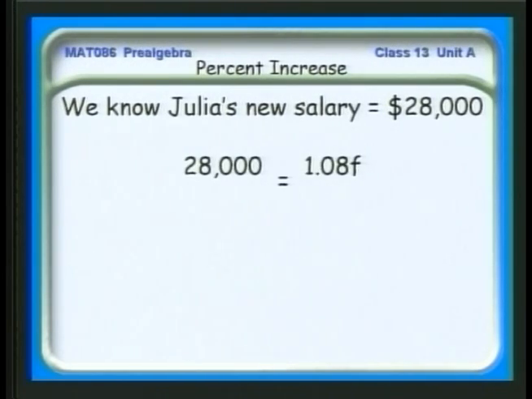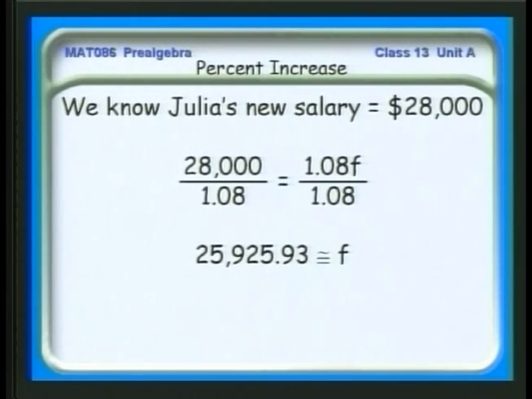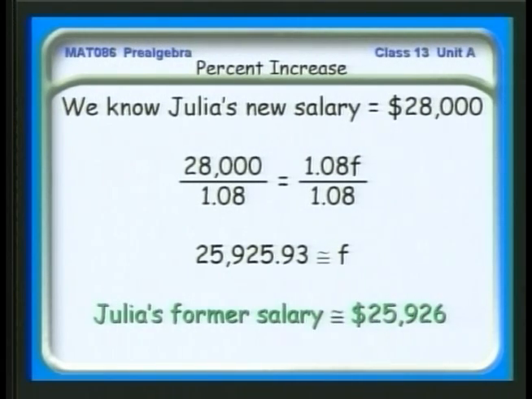Remembering that, this is what we had from the previous page. Now you notice that equal sign's a little funny, and the reason is this. I'm going to divide both sides of this equation by 1.08 to get F by itself. When I do that, I find that F is 25,925.93 to the nearest hundredth, or her former salary is, let me just round that off, $25,926.